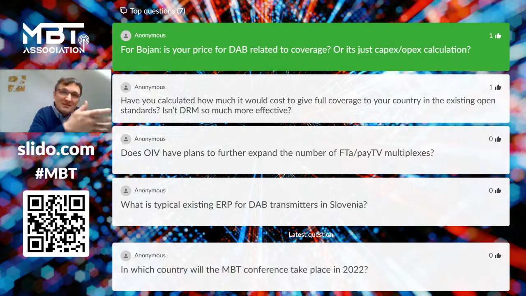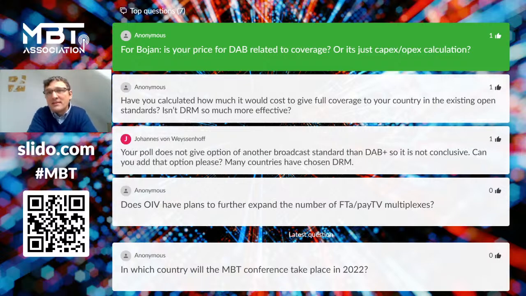The base price for the multiplex of the agency was 35.1 euro per capacity unit, calculated on the multiplex being 70% used. So if the multiplex is filled up to 70%, it is this price. Of course, if it is full, then the price should be lower. But we increased the coverage, so the price was finally the same.